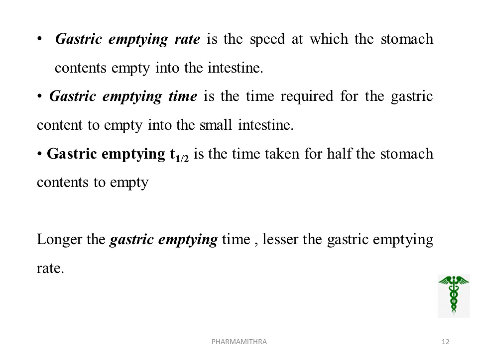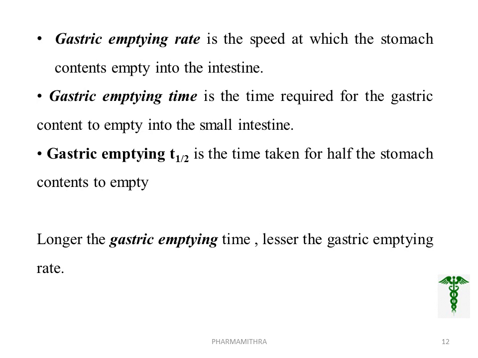Gastric emptying is a first order process, and several parameters are used to quantify it. First, gastric emptying rate, that is, the speed at which the stomach contents empty into the intestine. Second, gastric emptying time, that is, the time required for the gastric contents to empty into the small intestine.